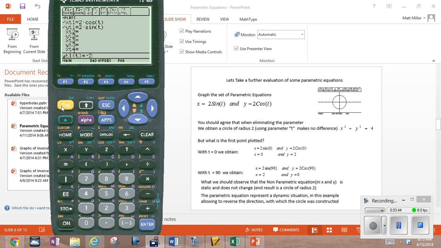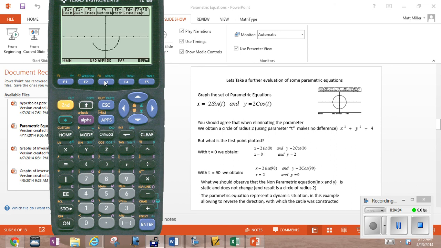What do you think would happen? Well, let's explore that. The first point it's going to plot is going to be in the lower quadrants. Let's justify that.